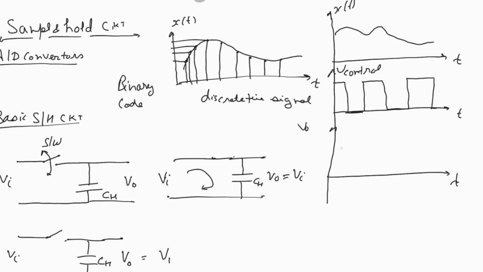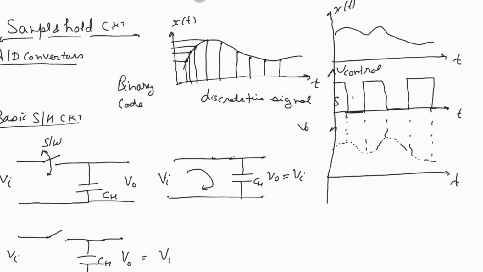Now let's consider when V control is high, at that time the switch is closed, and when the V control voltage is low, the switch is open. When the switch was closed, it was sampling, so it was following its input.